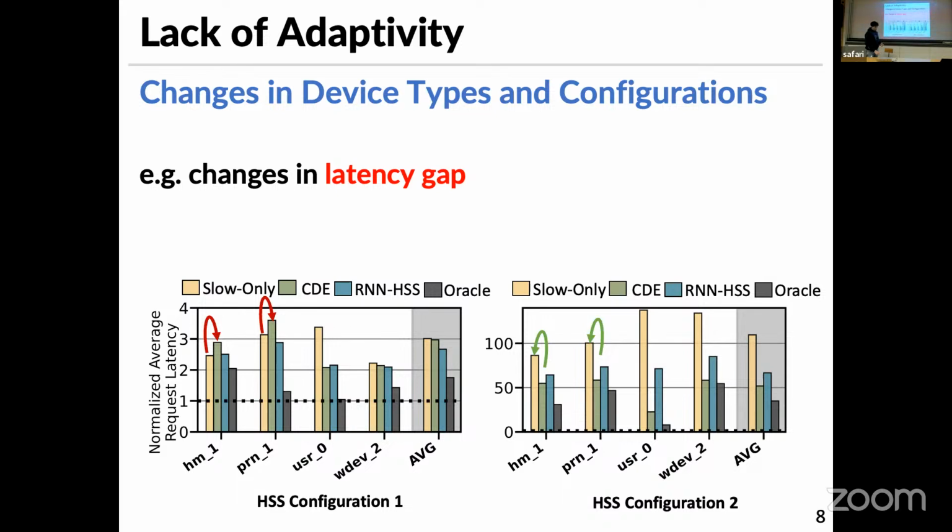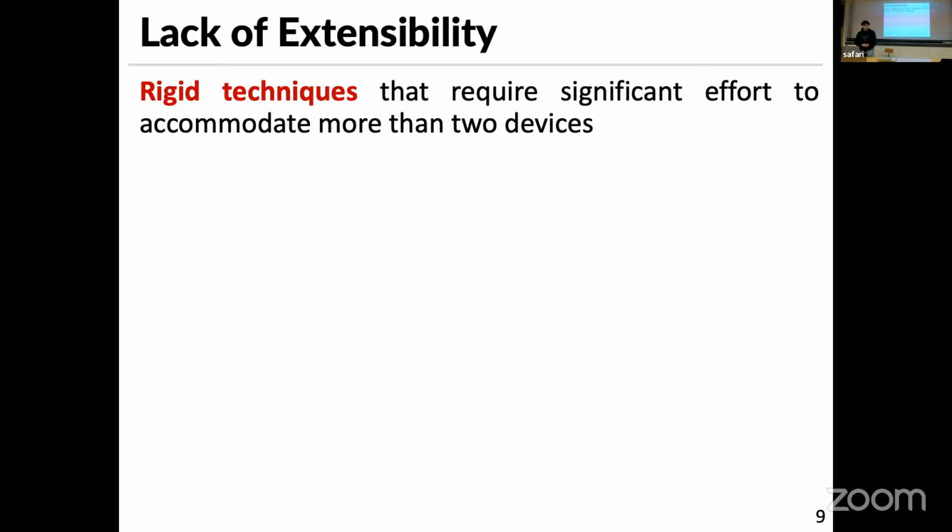And so this is also not very desirable, because you would want data placement policies to be able to adapt to changes in device types, for instance. And you don't want to make a new data placement policy every single time your device changes. So there's also a lack of extensibility, which comes from the fact that rigid techniques that require significant effort to accommodate more than 2 devices are being used.